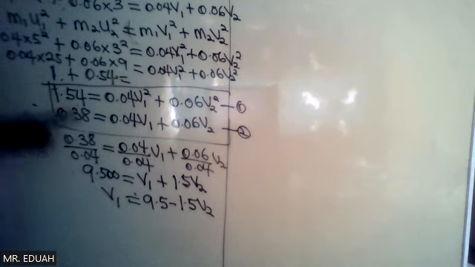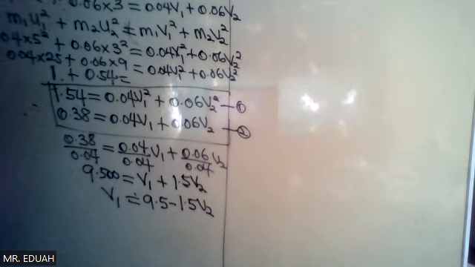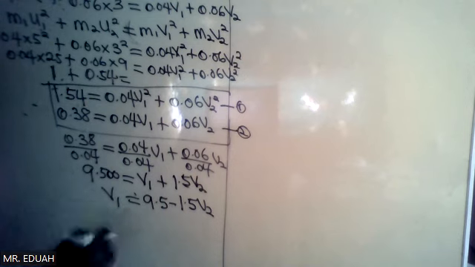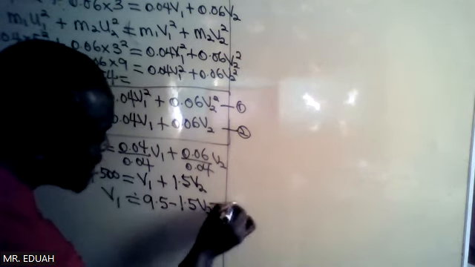So we've made V1 the subject. We are going to substitute that into equation 1. So in equation 1, wherever we see V1, we are going to put 9.5 minus 1.5 V2. Let's call this equation 3.